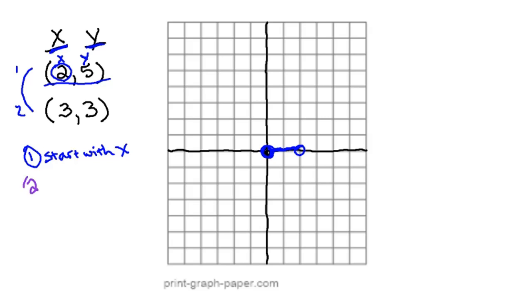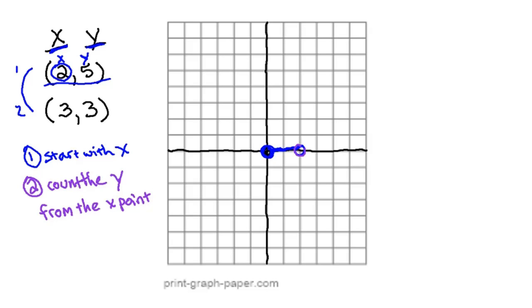So step number 2 is count the Y from the X point. So that X point, again, is that open circle that I drew where we found that X, the number 2.